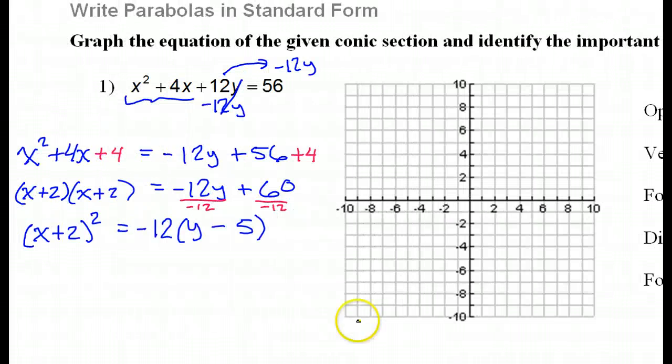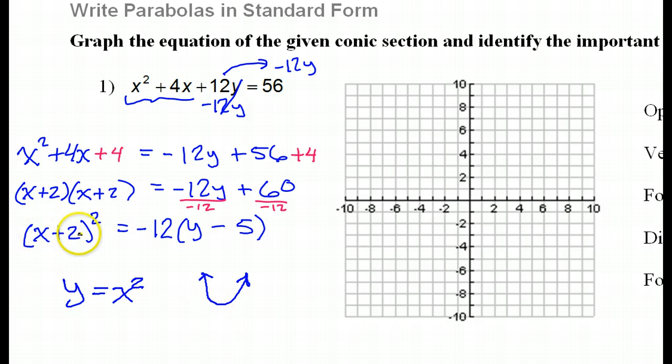Let's start with knowing, does it open up, down, left, or right? Now remember, the first parabola we ever learned was y equals x squared. And we know that that was an upward facing parabola. So anytime I see x squared, I know it's going to be either up or down.